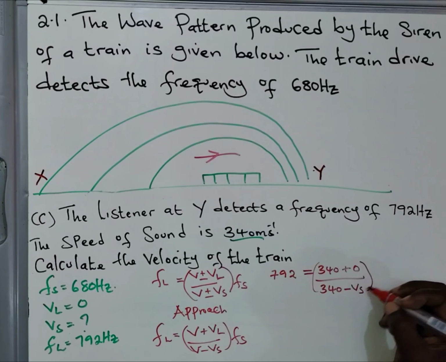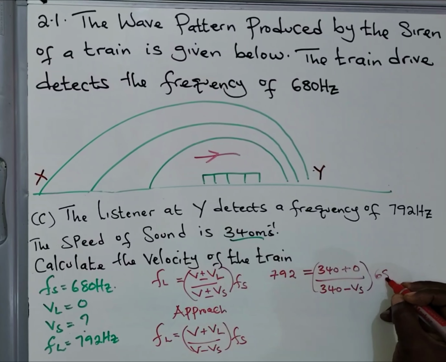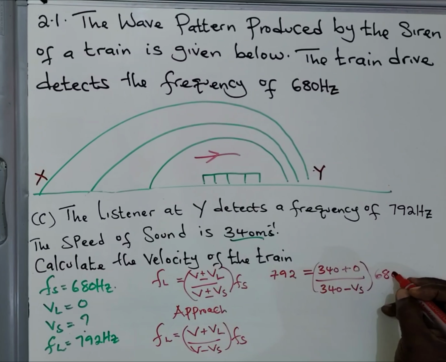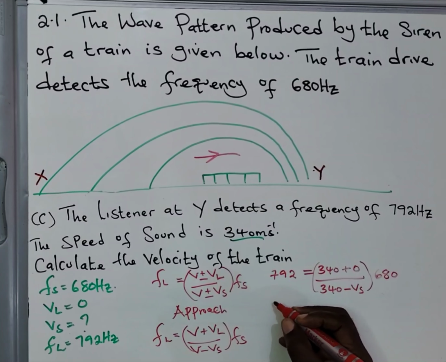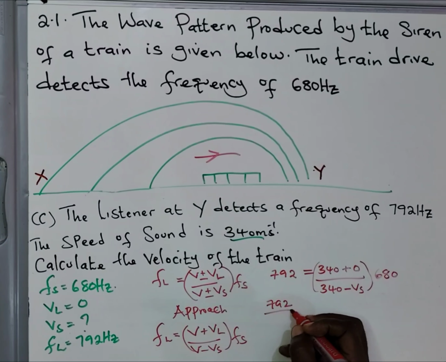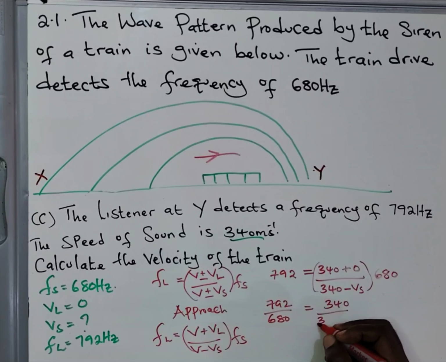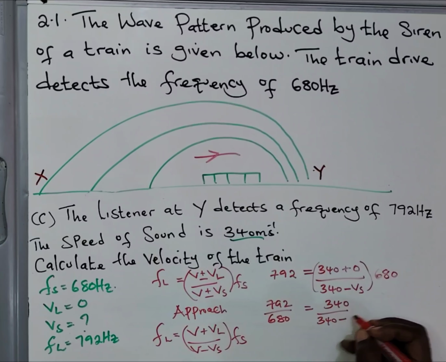All this one into the frequency of the source, which is 680. So when you try to simplify this, what do we get? You are going to get 792 over 680, giving you 340 over 340 minus Vs.